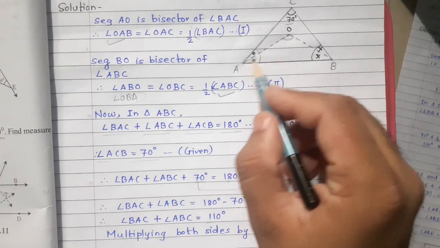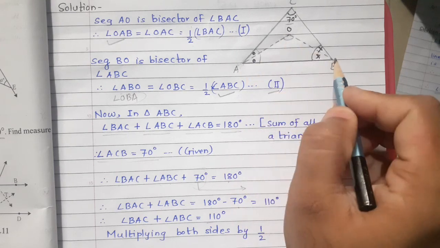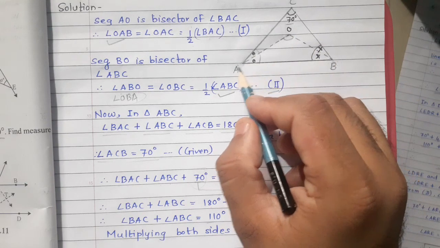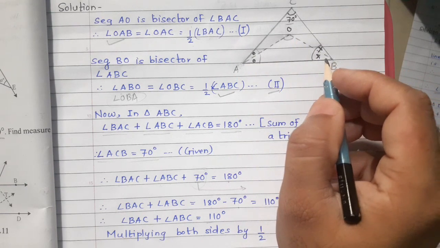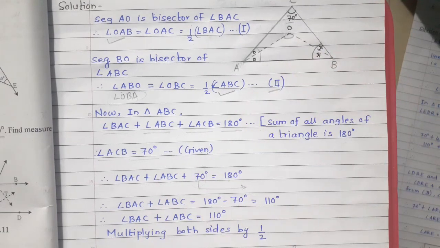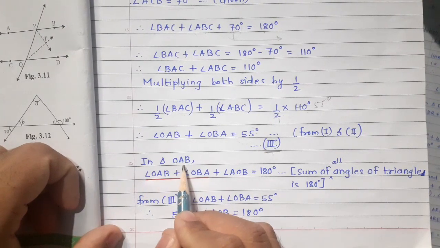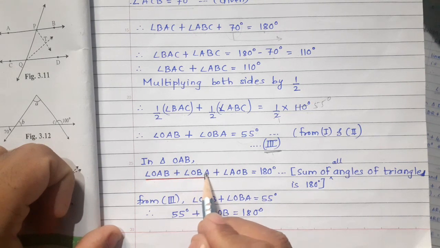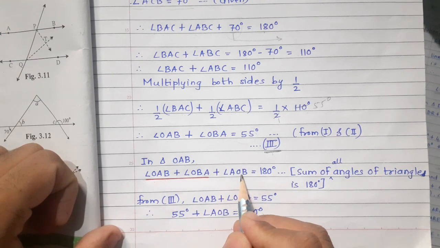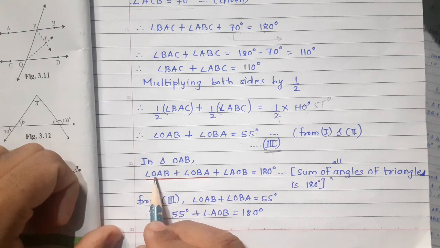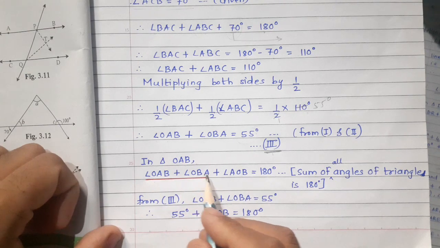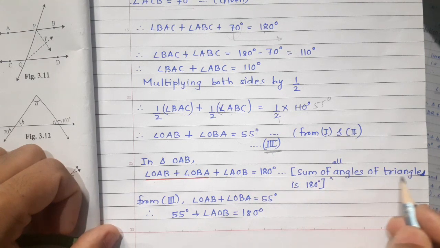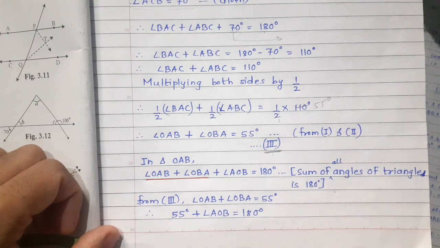So we can write angle OAB plus angle OBA plus angle AOB is equal to 180 degrees, and the reason is the sum of all angles of a triangle is 180 degrees.